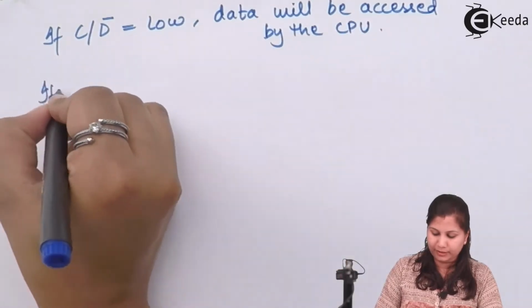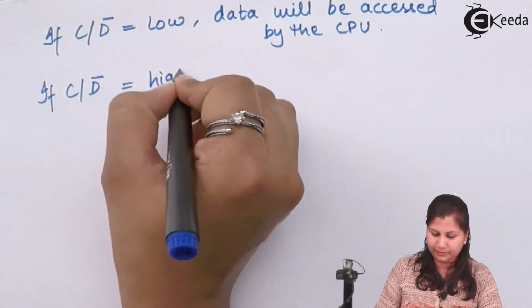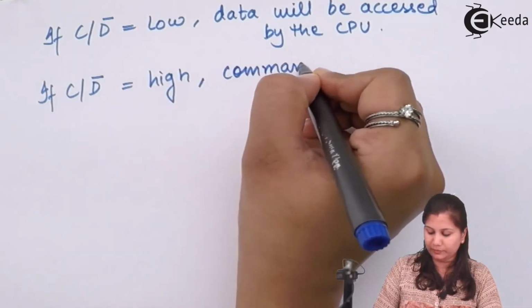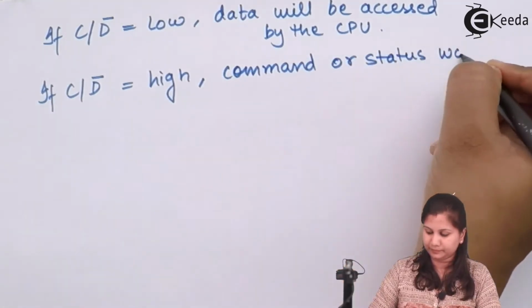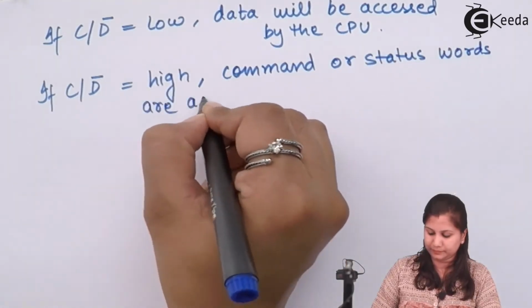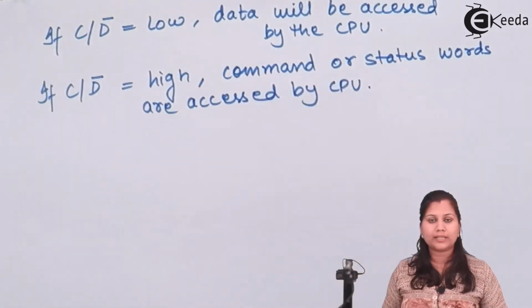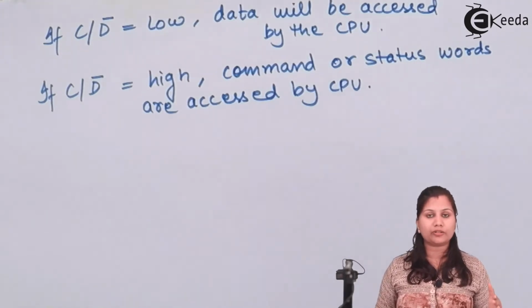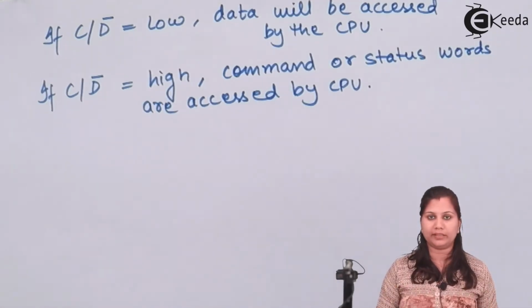And if C comma D bar is high, then command or status words will be accessed. So this pin decides whether it is the command word or status word, or an 8-bit data that is received or transmitted.